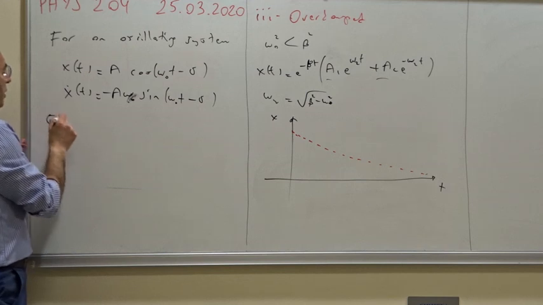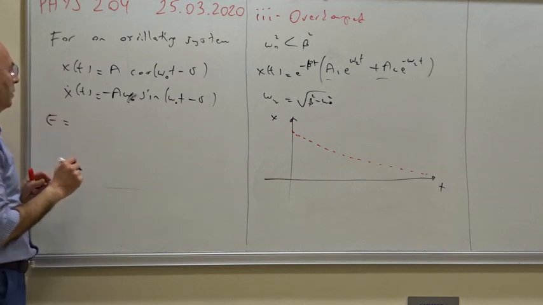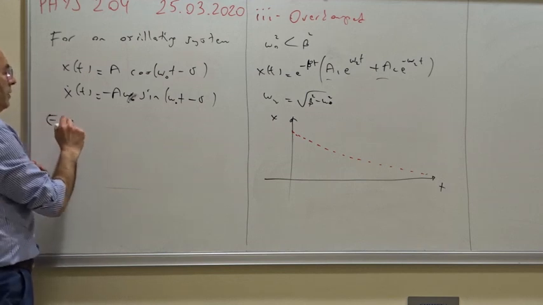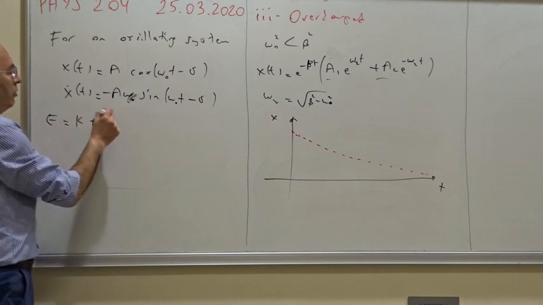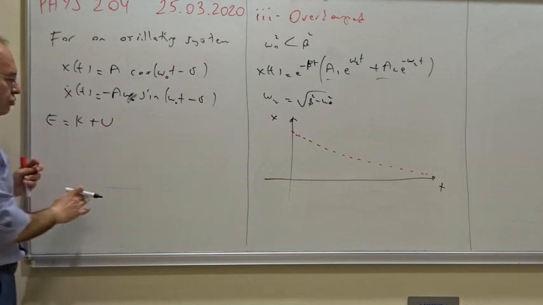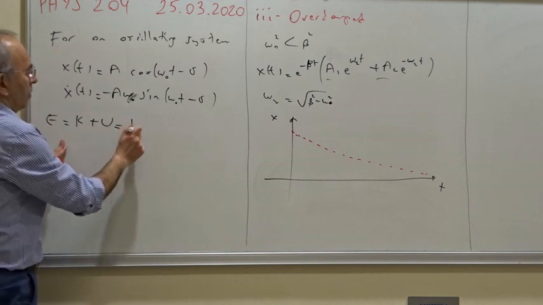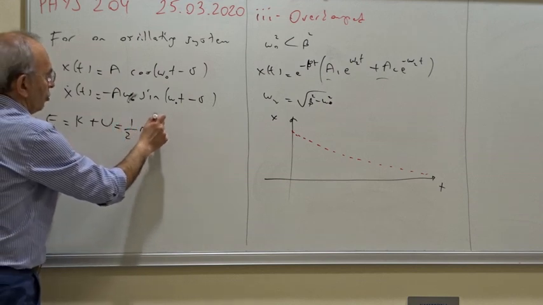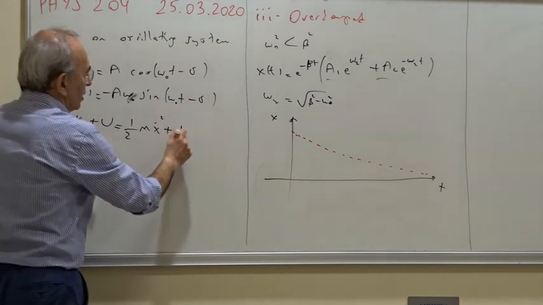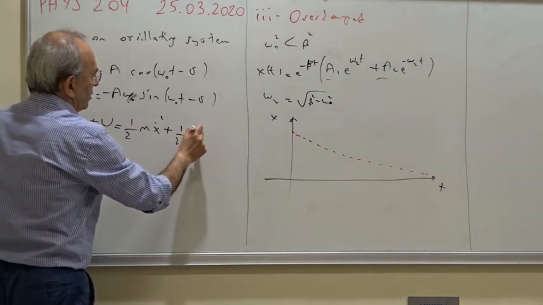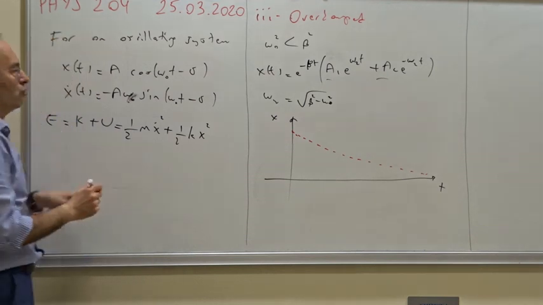And the energy, remember, the kinetic energy plus potential energy, can be written as the sum of these two terms. Kinetic energy is 1/2 m x dot squared, potential energy is 1/2 k times x squared.